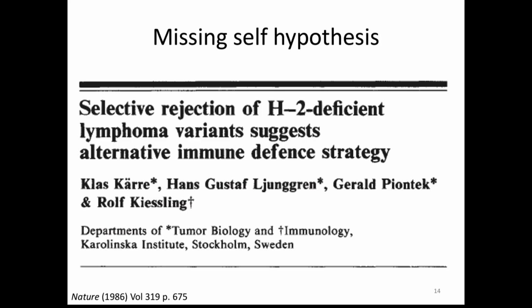And he eventually learned that the mutant version of the tumor had no MHC. He didn't actually know at the beginning what the mutation was, but he eventually figured out it was a mutant MHC. As you can see in his title, it is H2 deficient. And he put this mutant tumor into an H2B mouse.